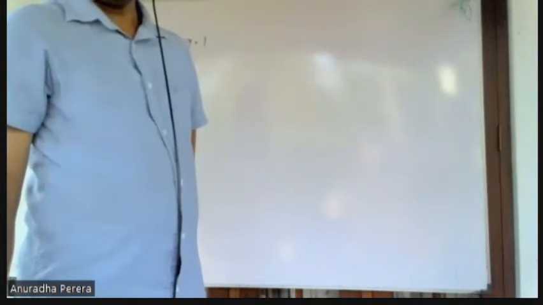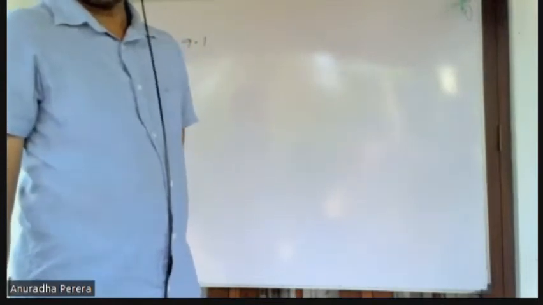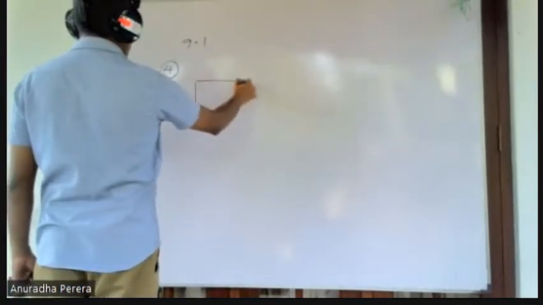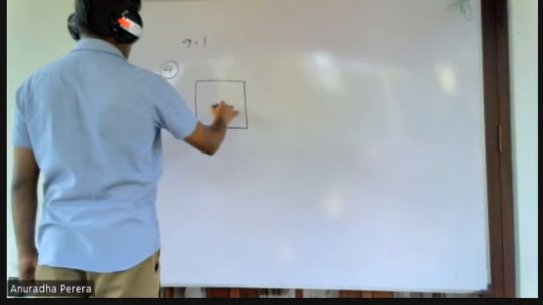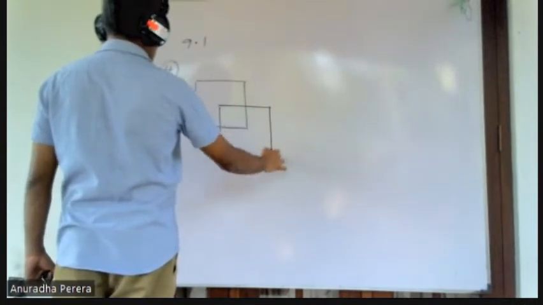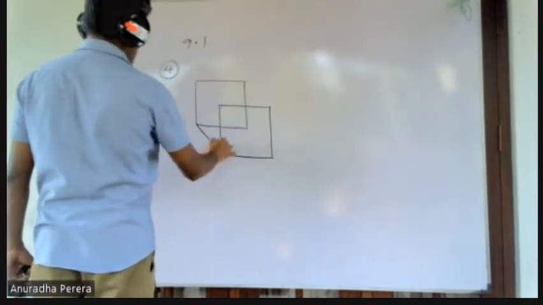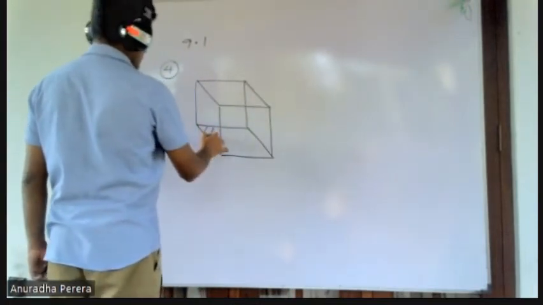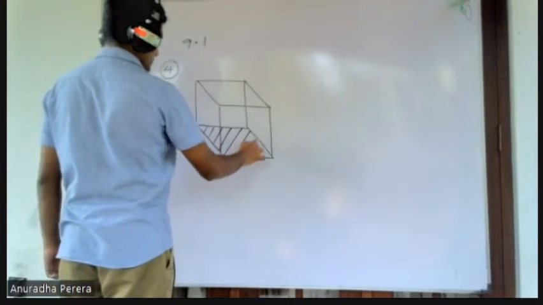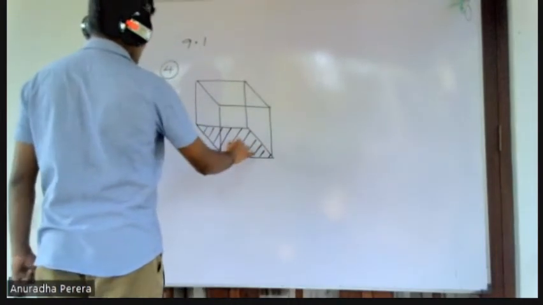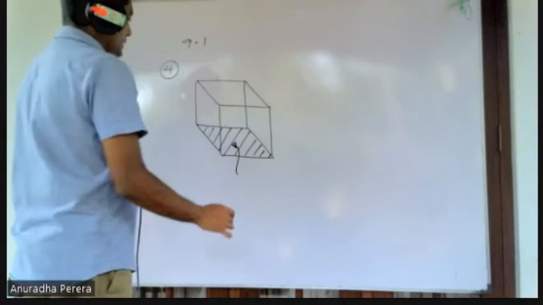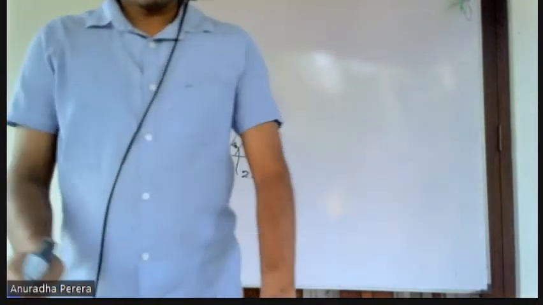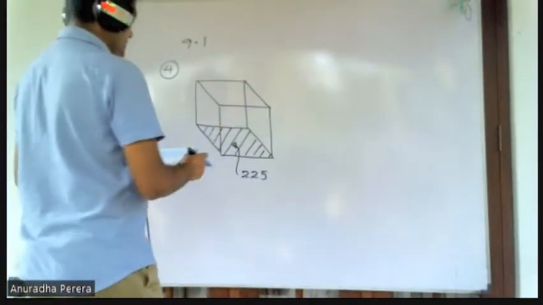A cuboid shaped container has a square base of area 225 square centimeters.